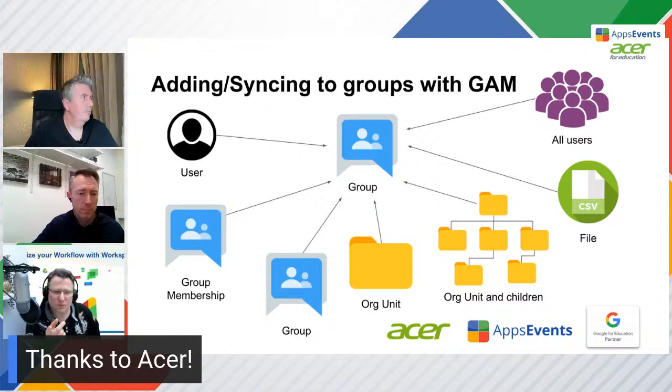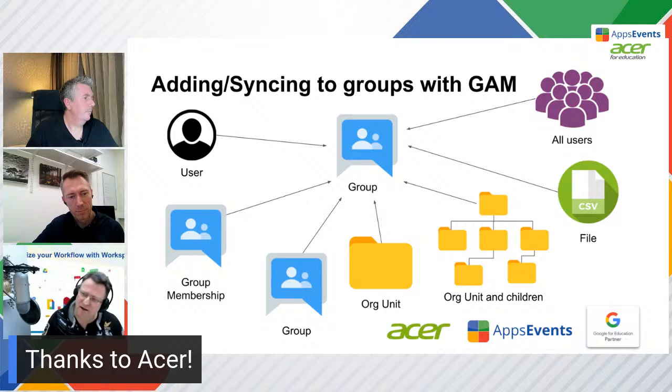One of the things that we do is have groups within groups. From GAM, you can add a group email address. You've got two options when you add a group to another group. You can add users into a group because they're a member of another group, so that's actually adding the actual user in.